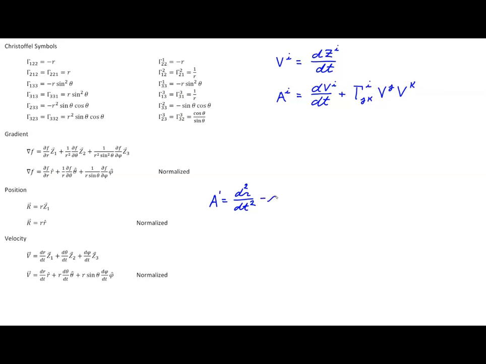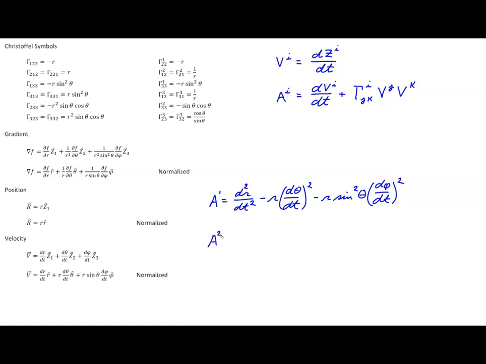So we'll have minus r, and this will be times velocity components v2 and v2. v2 is d theta dt. And since there are 2 factors, we'll just square this term. And then gamma 1, 3, 3 is minus r sine squared theta times velocity components v3 and v3. v3 is d phi dt, and again there are 2 of them, so we can square this term. And that's the expression for a1.